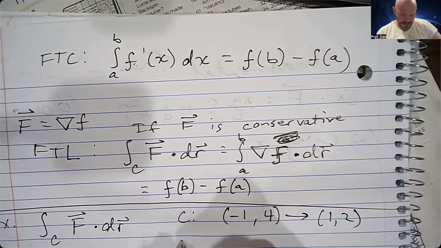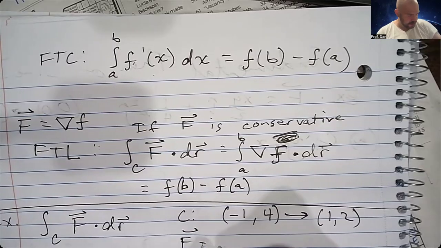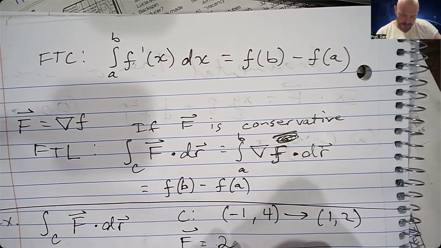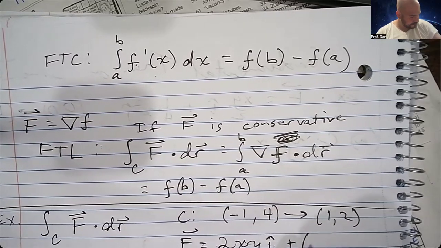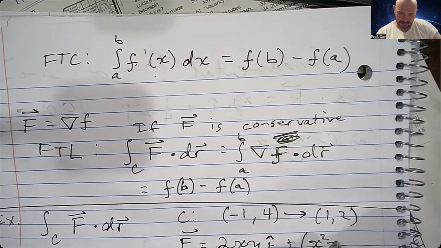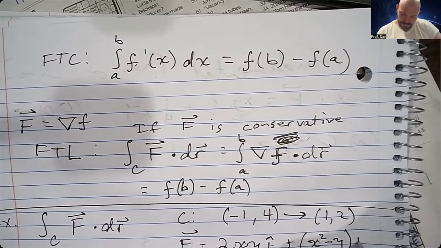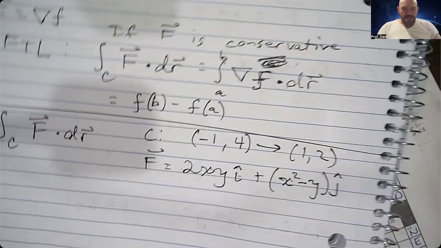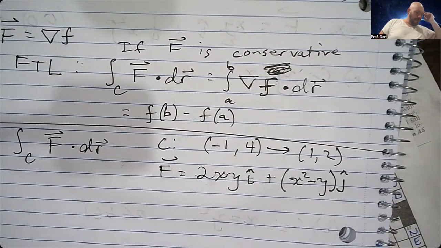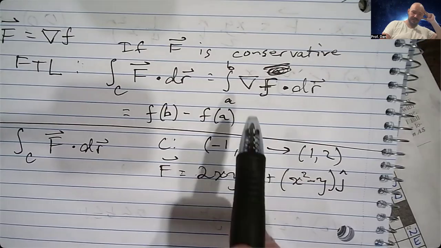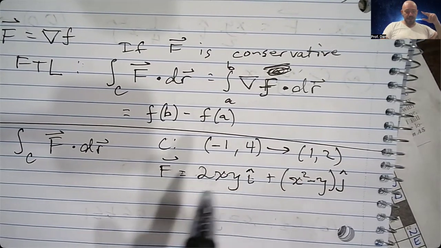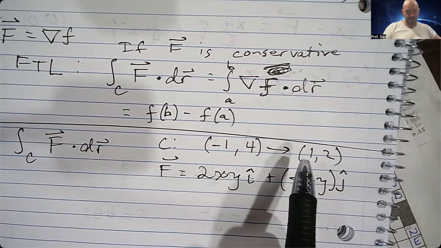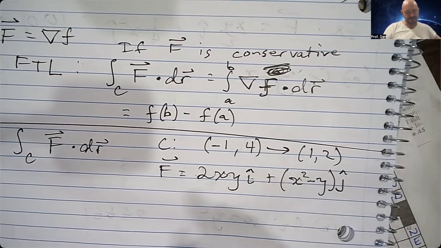We're given that the vector field is described by 2xy i plus (x squared minus y) j. So here's the thing. One of the big results of this is that if we can show that this is a conservative vector field, then it does not matter how we get from this point to this point, only that we get from this point to this point.